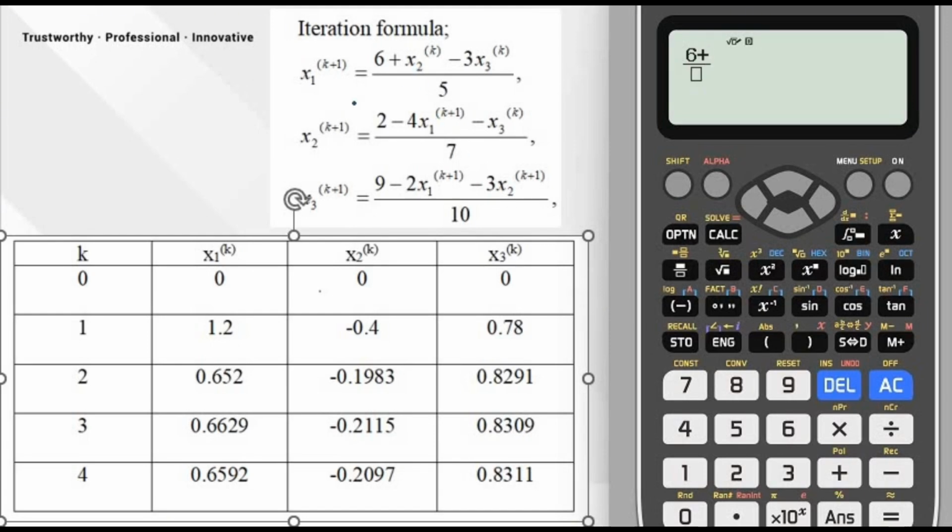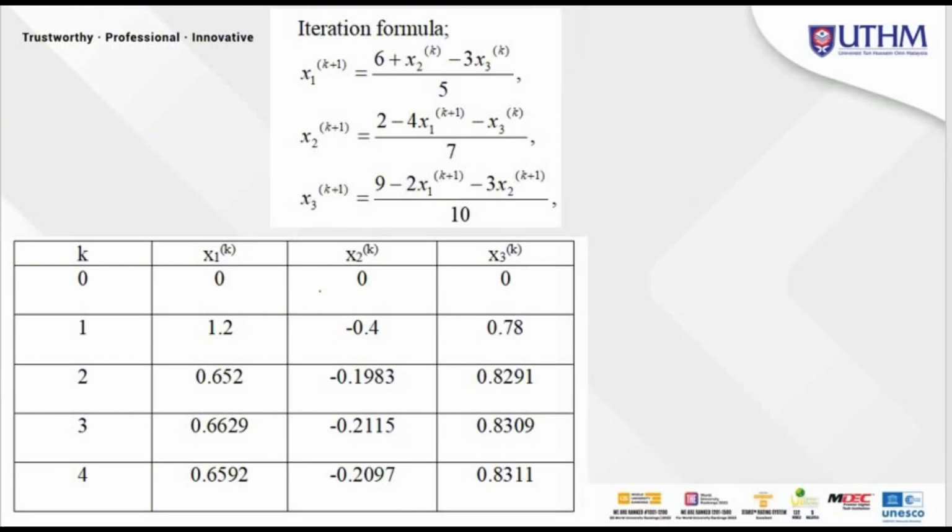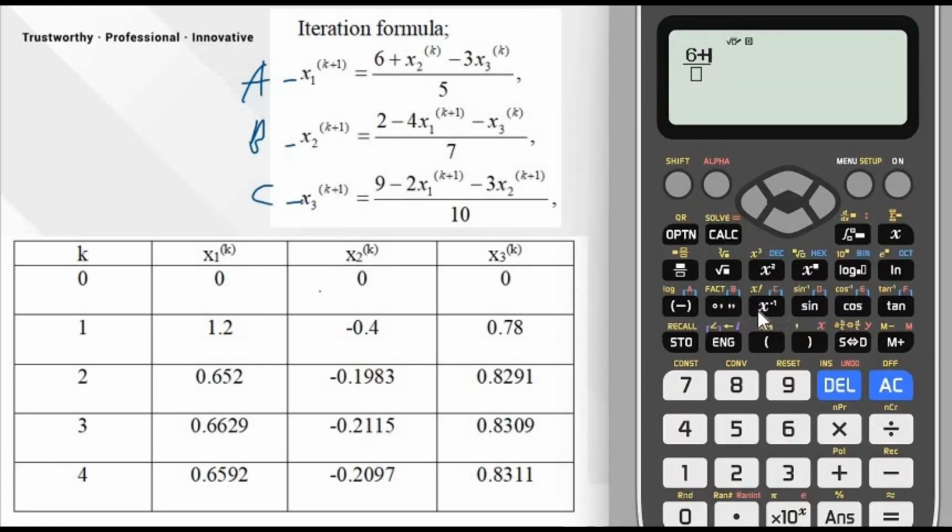We change x1 to alpha A, x2 to alpha B, and x3 to alpha C. So this one is 6 plus alpha B minus 3 alpha C, divide by 5. So this is the first formula.